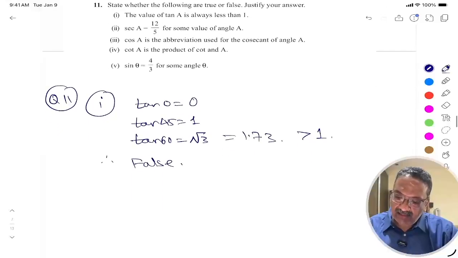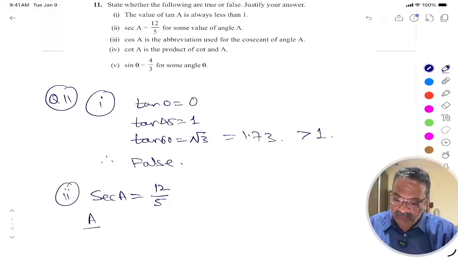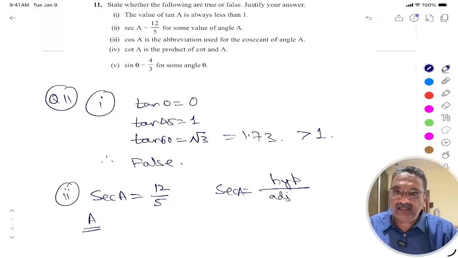Next one: secant A is 12 by 5 for some value of angle A. Let us see what secant is. Secant A is equal to hypotenuse by adjacent. Secant is 1 by cos, and cos is adjacent by hypotenuse. Therefore, secant A is hypotenuse by adjacent. Here we see that secant A is greater than 1.